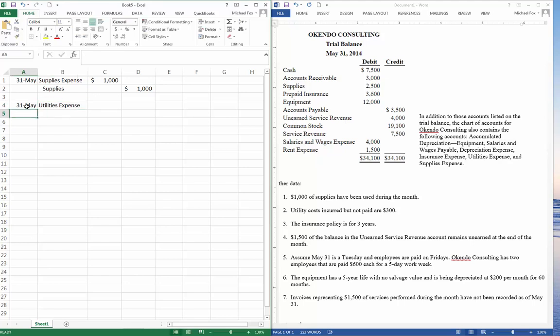Because we don't worry about when we've paid the expense, we worry about when we've incurred the expense. And if we haven't yet paid it but are going to have to, that's an accounts payable. So the utility expense increases by $300, that's a debit, and the accounts payable, I'm sorry, it increases by $300, it's a liability, so that will be a credit.